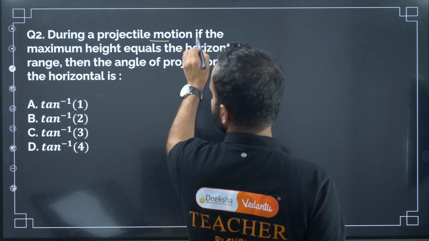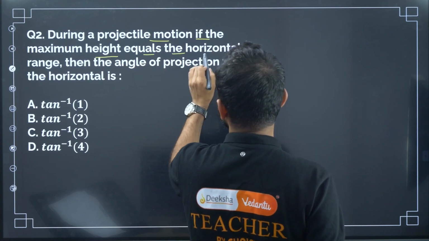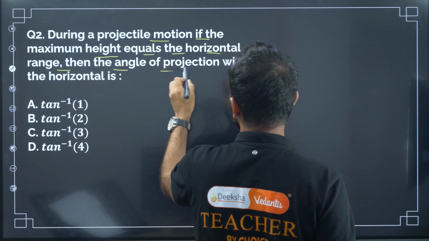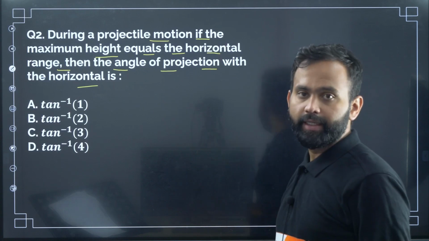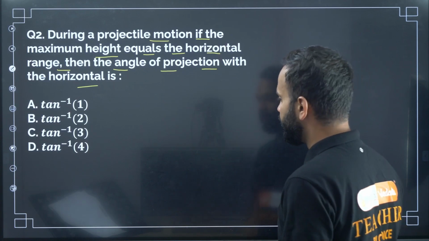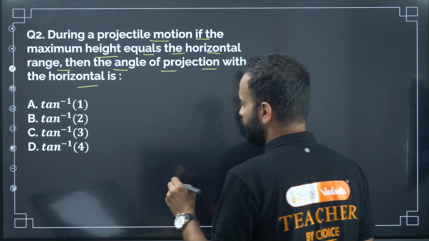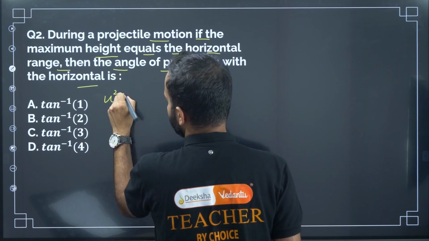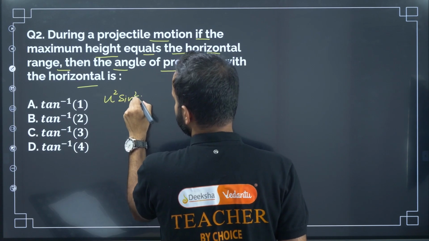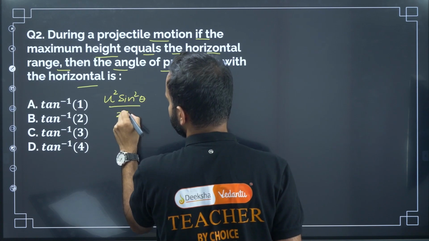During a projectile motion, if the maximum height equals the horizontal range, then the angle of projection with the horizontal. So maximum height equals the horizontal range, right? What is the formula for maximum height? Formula for maximum height is u square sine square theta divided by 2g.